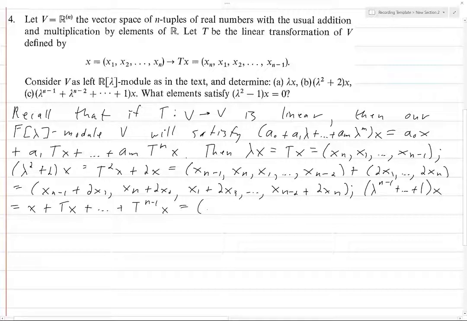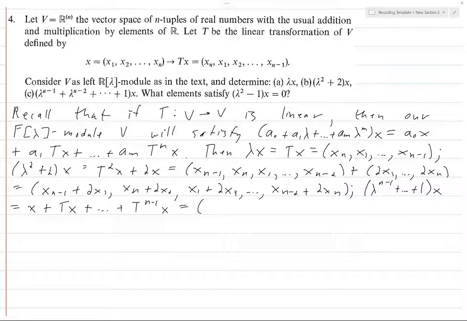And what is this going to be equal to? So if we look at the first entry, what is each of these terms going to contribute to the first entry? This x, obviously, we're just going to get x1. For Tx, we're going to get xn. For T squared x, we're going to get xn minus 1. So we're starting at 1, then we go to n, and then we keep decreasing.